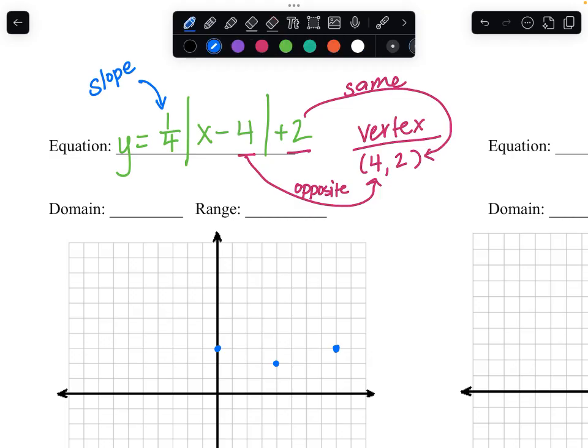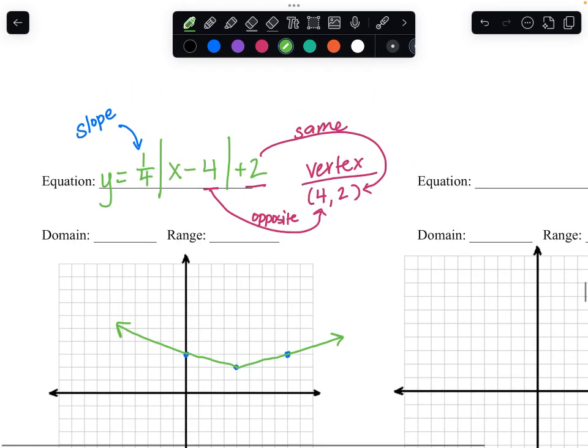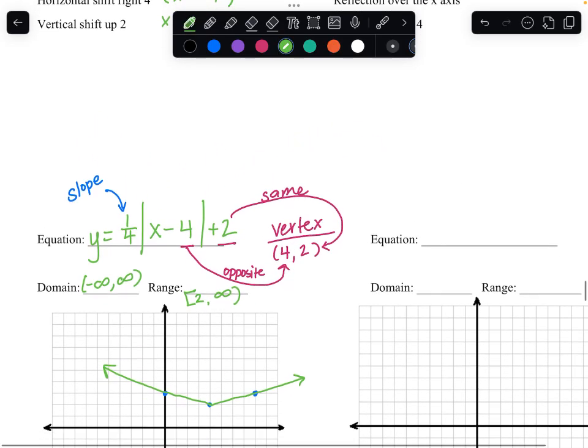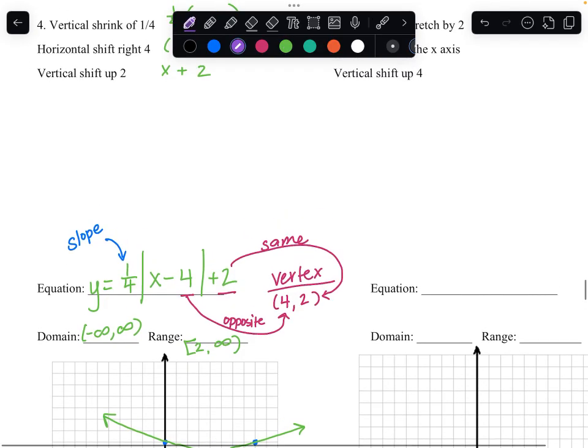We can then now graph our line to make it be our absolute value. And so our domain will always be -infinity to infinity, and our range is going to be, oopsies, bracket 2 to infinity.